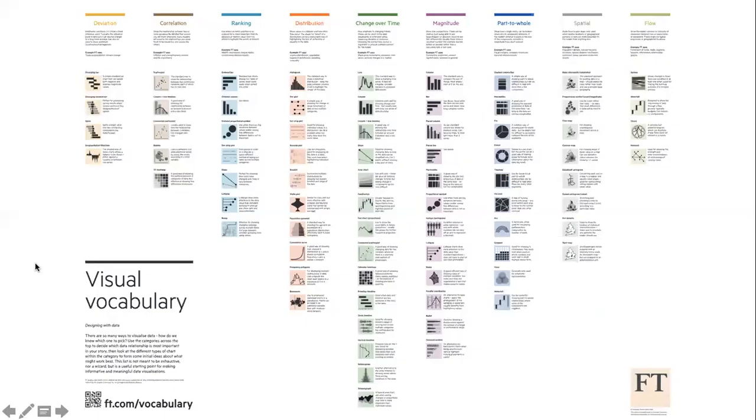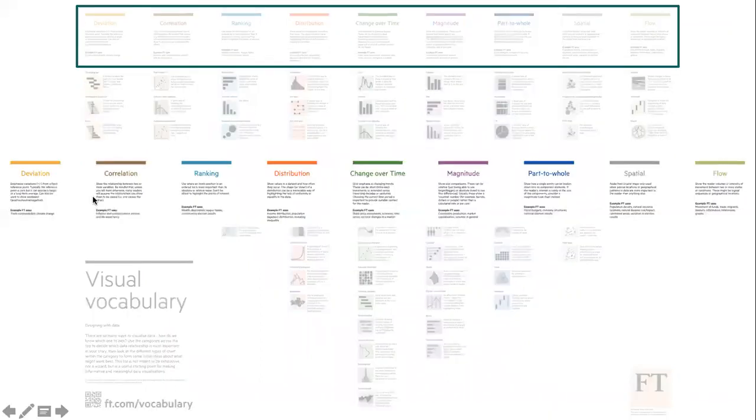And this is a very similar tool. It's just static. It's the visual vocabulary from the Financial Times. Along the top, it has different categories of functions, so different categories of things you might want to say about your data. So correlations or rankings or change over time.